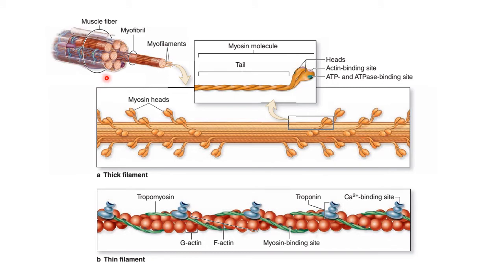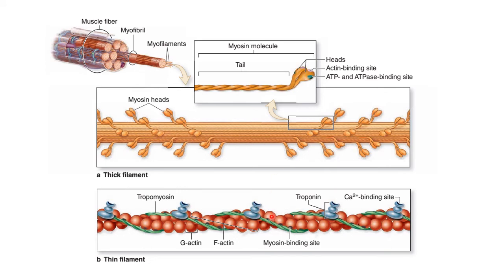In this image we see on the left side the muscle fiber, which is a skeletal muscle cell. Inside this muscle cell we have sarcoplasm containing myofibrils, these round structures are myofibrils. Each single myofibril contains myofilaments, which are either thick filament, myosin, or thin filament, actin. The thick filament, the myosin, is composed of what?